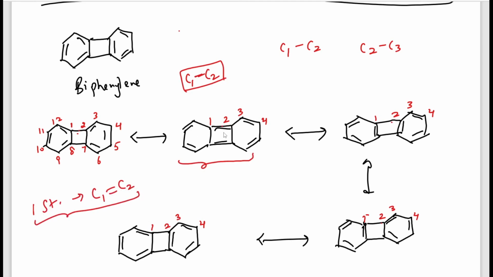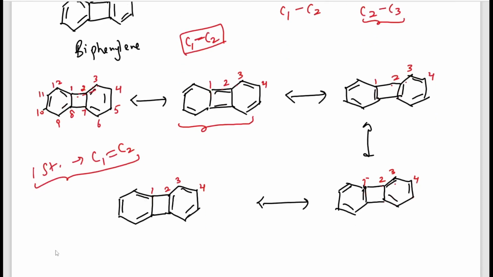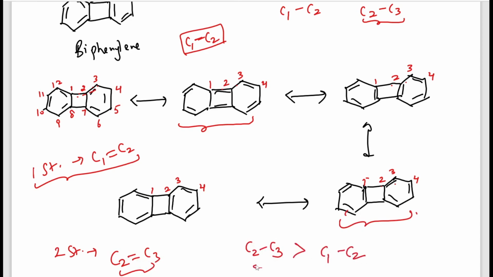If we check the bond order for carbon 2 and carbon 3, here the carbon 2 and carbon 3 bond contains a double bond. This is single, single, double, single. So overall 2 structures contain a carbon 2 and carbon 3 double bond. One is this and second is this. Clear? So ultimately there are more resonating structures which contain a carbon 2 and carbon 3 double bond. So the carbon 2 and carbon 3 bond order is greater than carbon 1 and carbon 2.